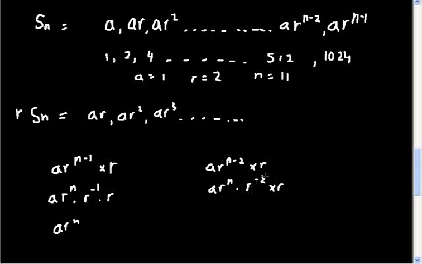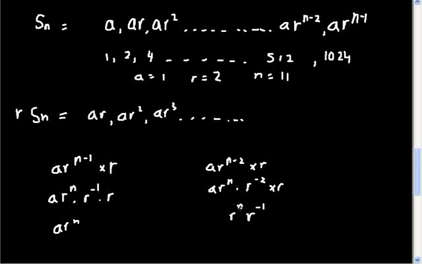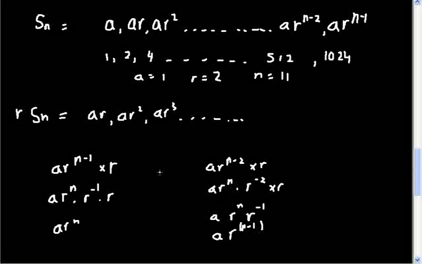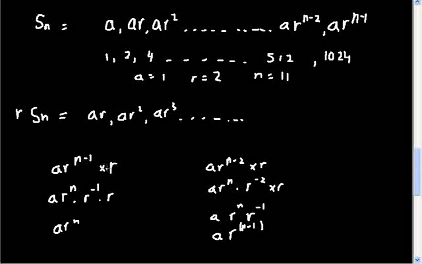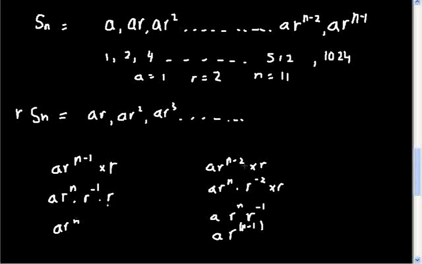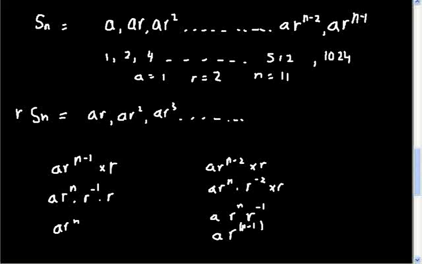When you add the powers, it becomes R to the power minus 1, and R to the power n and A. If you wanted to write this combining the powers, it's n minus 1. So when you multiply ARn minus 1 by R, it becomes AR to the power of n, and ARn minus 2 by R becomes ARn minus 1. So basically you add 1 to this index.